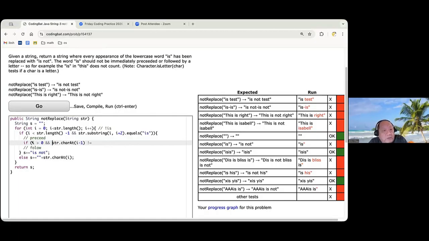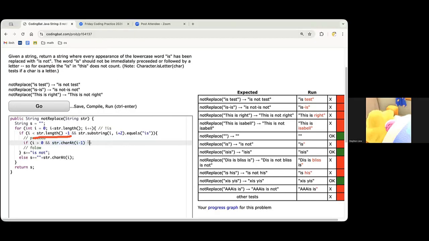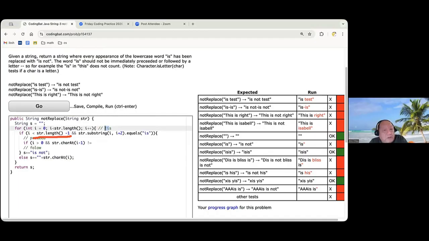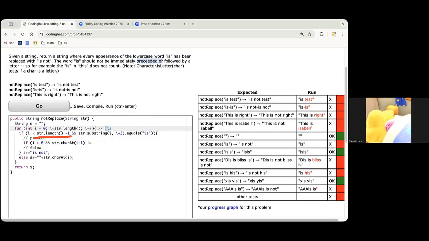So here, why is this I minus str length -1? Let me see. If it's this case, you go back to check it. I don't go back to check anything. Oh, because preceded means beforehand, right?